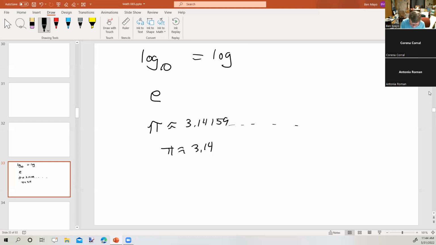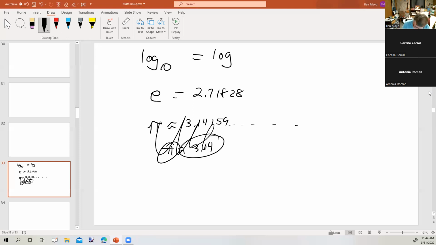If we wanted exact, we write it as pi. If we wanted approximation, we use 3.14, okay? E is approximately 2.71828, okay? So it's approximately, we'll say 2.72, or maybe even 2.7-ish, all right? What is E?